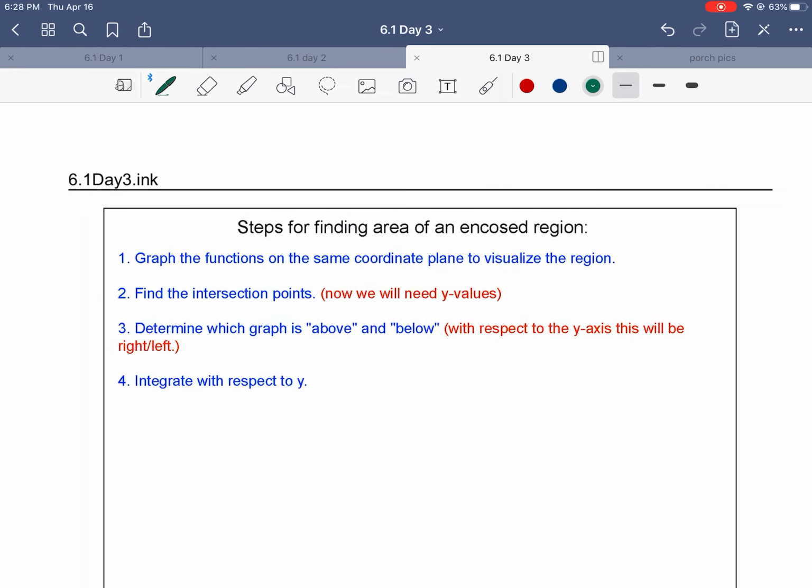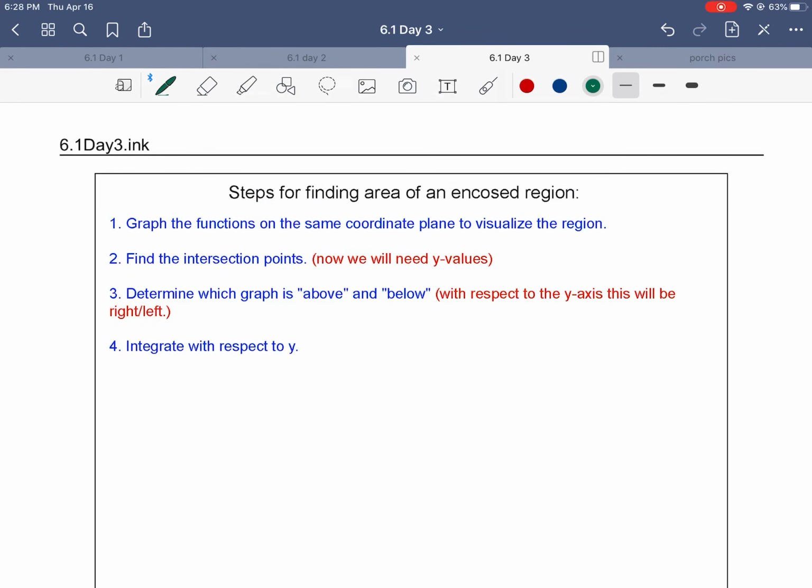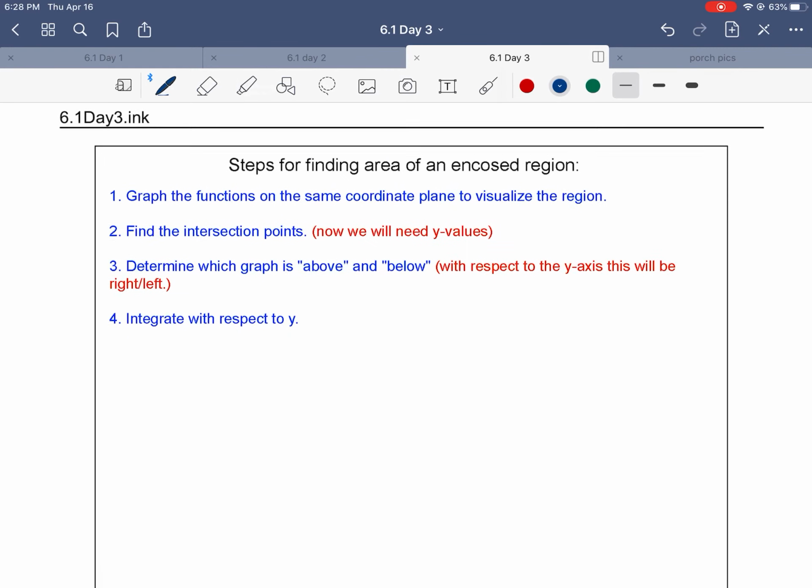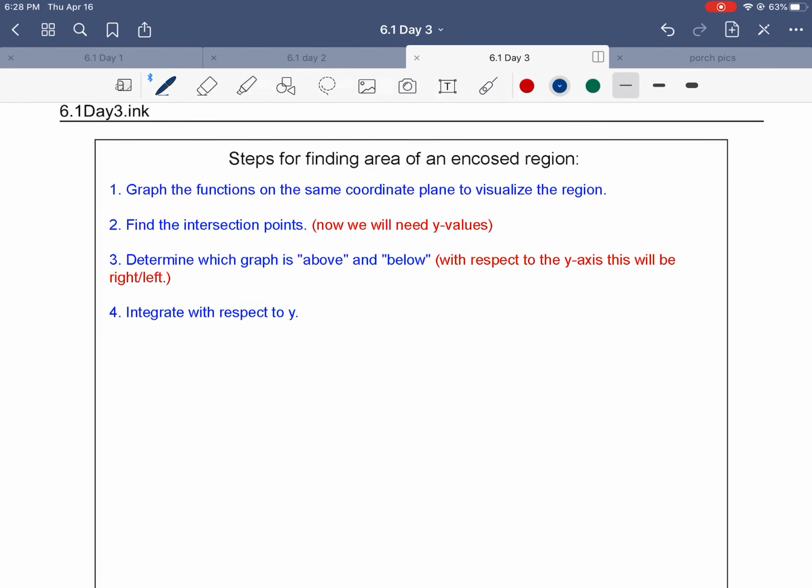Let's actually walk through first the notes, and then we'll walk through some problems start to finish. So you're going to still graph the functions on the same coordinate plane. Again, sometimes they're given, sometimes it is something that you can graph, either through Desmos, or you might have to rewrite it to y equals to get the graph. Find the intersecting points, but the difference is we need those y values.